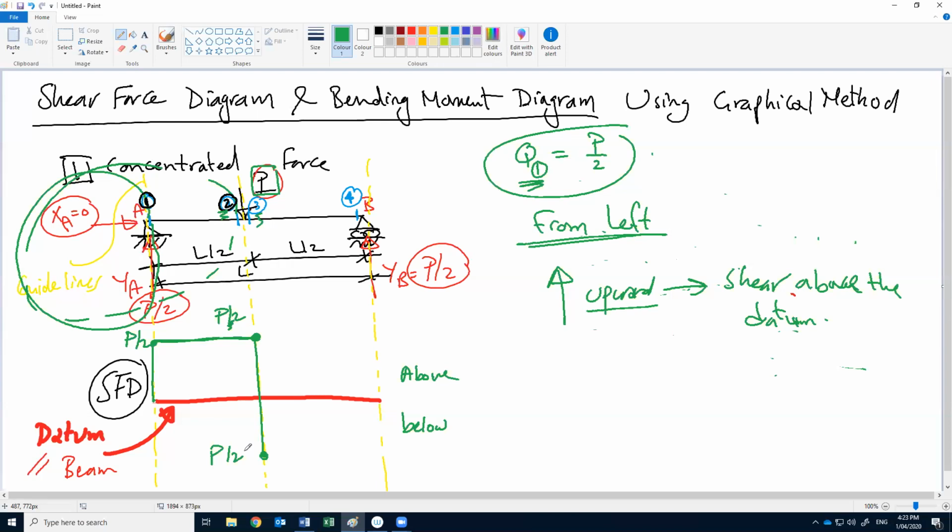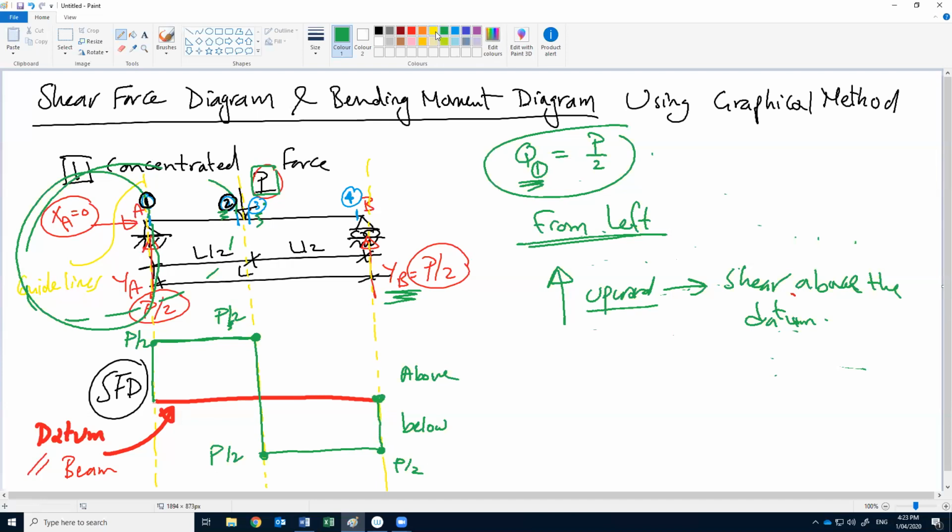From cut 3 to 4, do we have any forces? No. So the shear should be constant, and the value here will be minus B divided by 2. After cut 4, what do we have? The reaction B divided by 2. So from minus B divided by 2, we go up by B divided by 2 to 0 again.